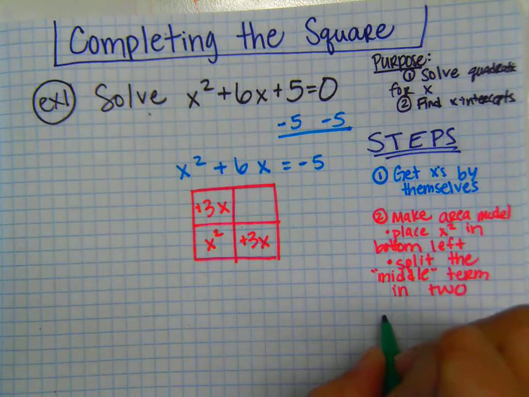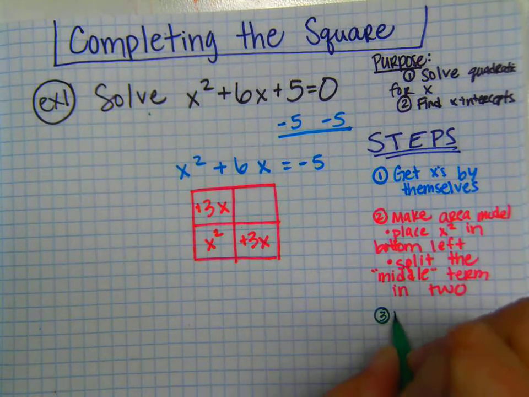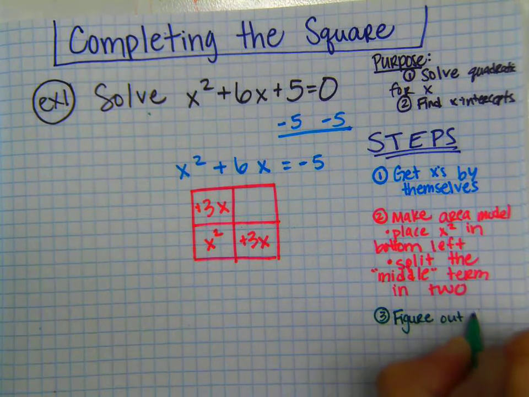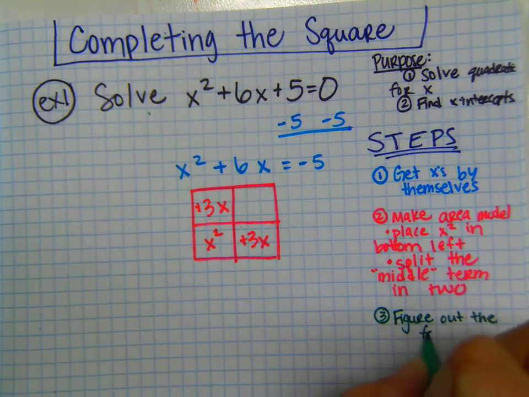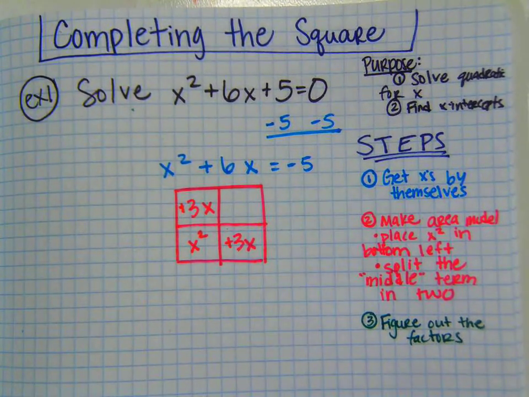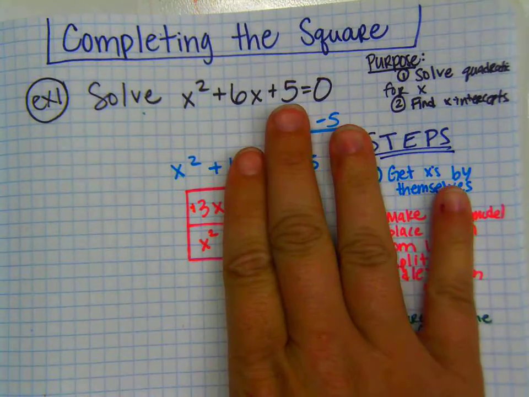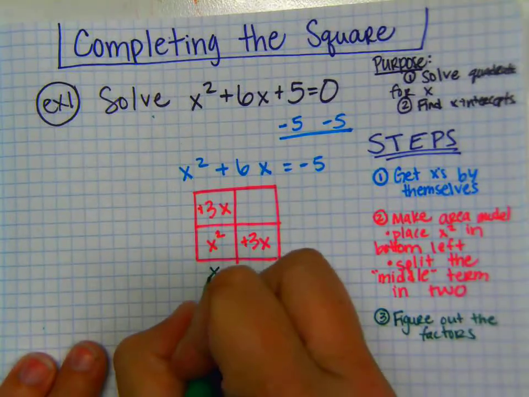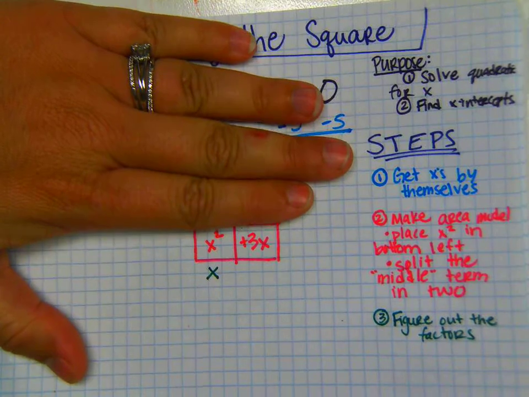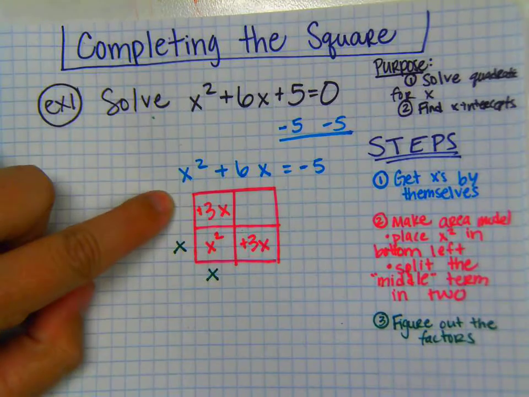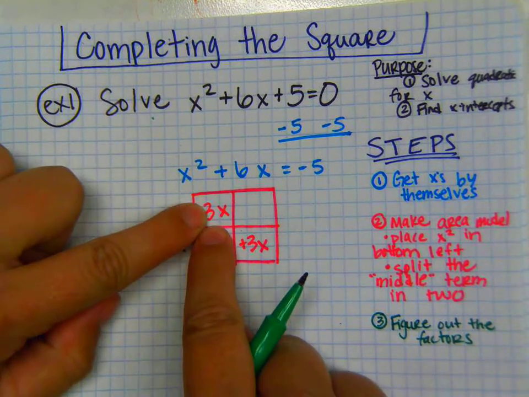Step 3, figure out the factors. So just like we've done before, we need to figure out what they have in common. Well, looking at this, what do x squared and 3x have in common? An x. And what do x squared and 3x have in common? An x. Now looking at this, what times x will give me that 3x?